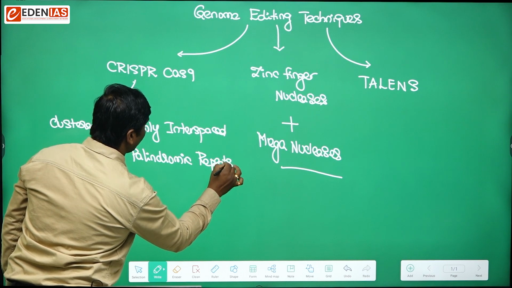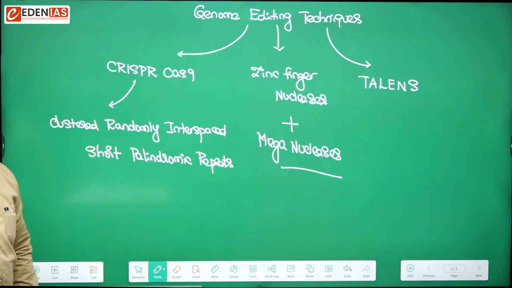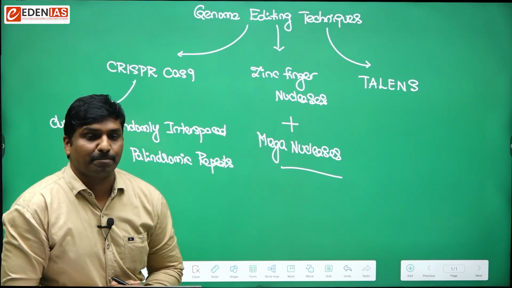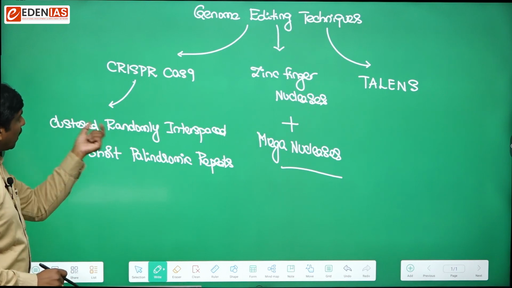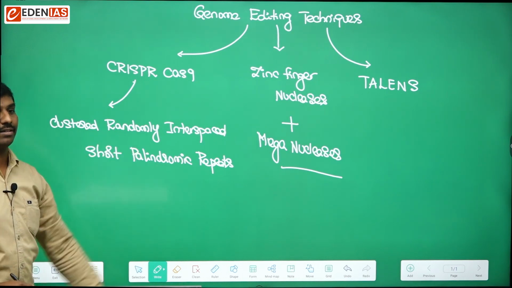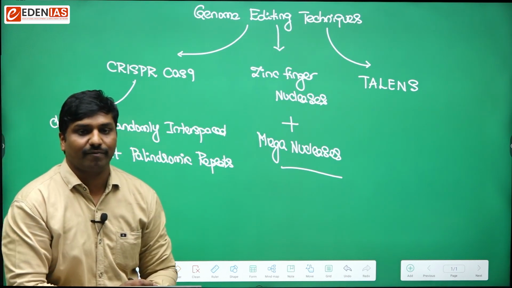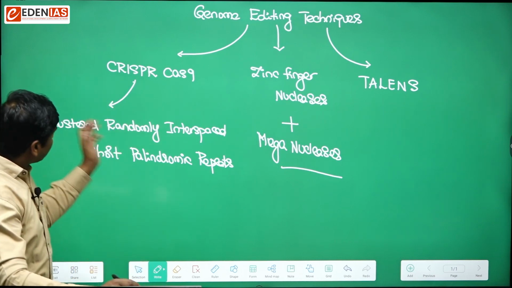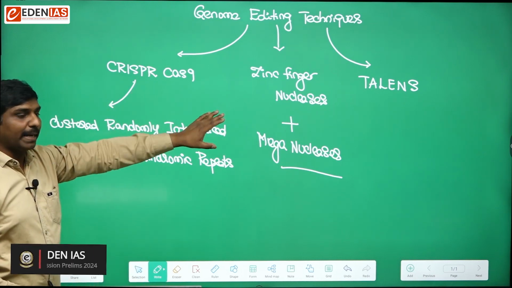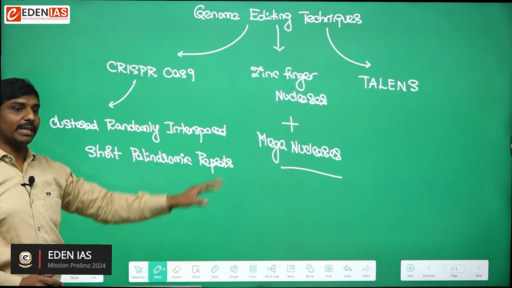Short palindromic repeats. So this is the full form of CRISPR. So that is the abbreviation for that. Clustered randomly interspaced short palindromic repeats.